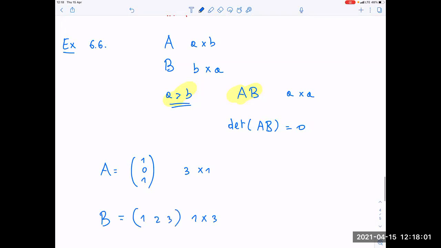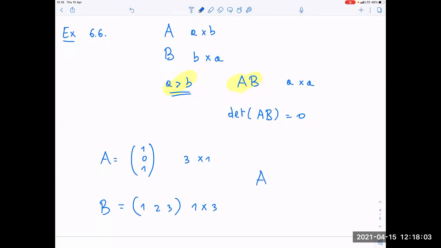And then we want to say something about A times B. So what is A times B? It is a 3 times 3 matrix, which we can describe well. If you remember, there is a nice way to describe it, or you can compute.